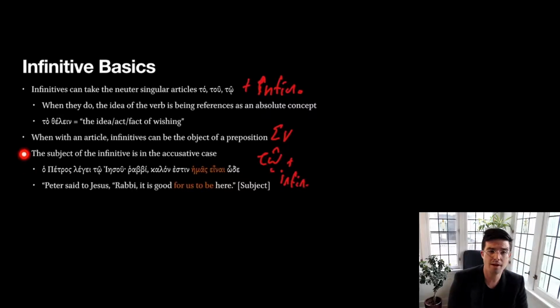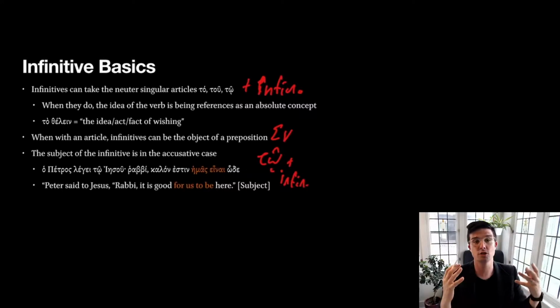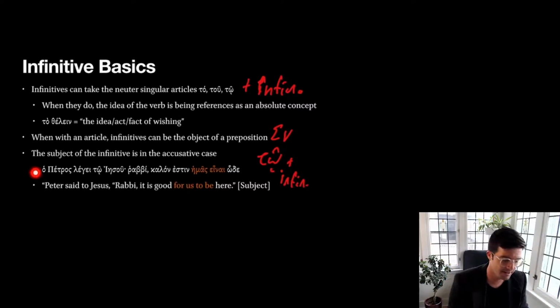And then also, infinitives as verbal nouns can take a subject and an object. The verbal part of the verbal noun can take a subject, and when it does, that subject is going to be in the accusative case. Here is a biblical example: Ho Petros legei tō Iēsou, Peter says to Jesus, Rabbi, kalon estin hēmas einai hōde.